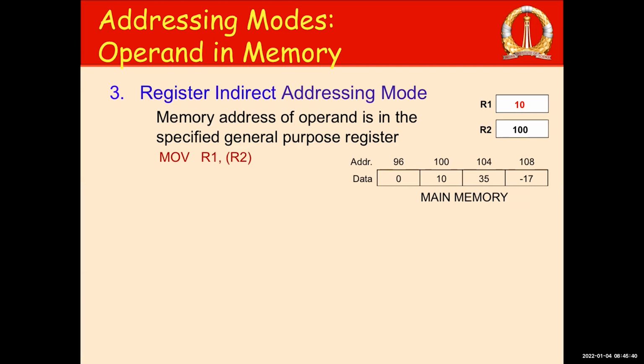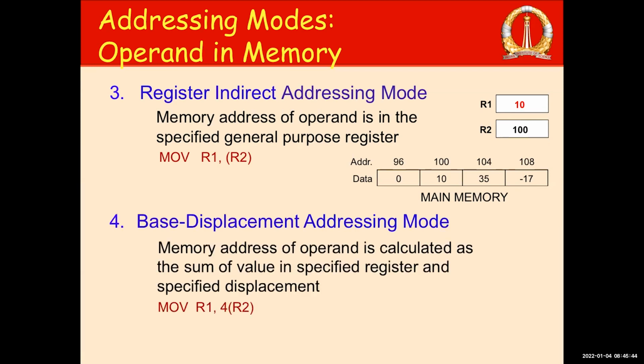Now, a slightly more complex addressing mode is what is called the base displacement addressing mode, which is very similar to the register indirect addressing mode, except that the address of the memory location is specified by means of a register and a small constant.